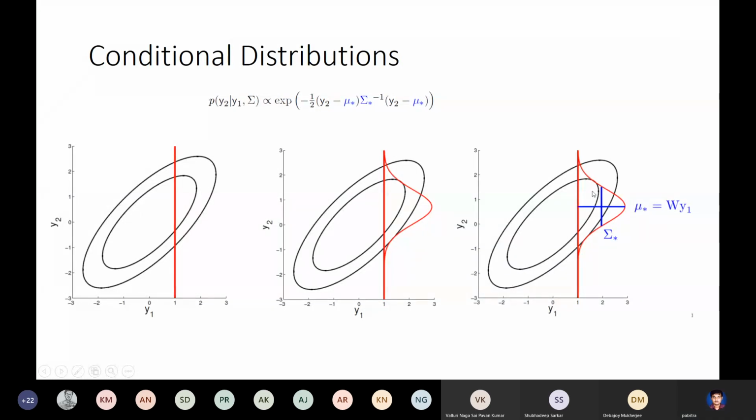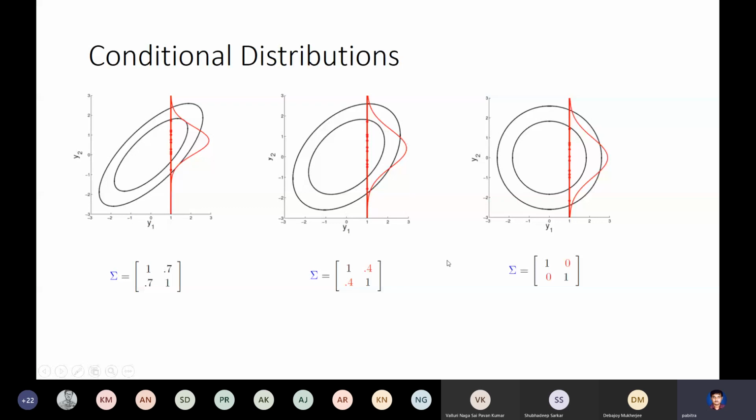And as the slope of the line or the correlation changes, this Gaussian changes. This can easily be observed. So this is all about the model.